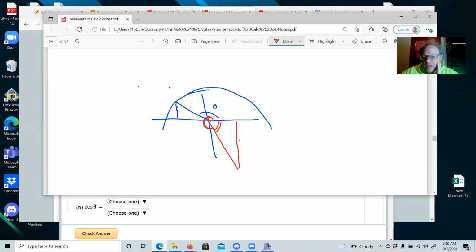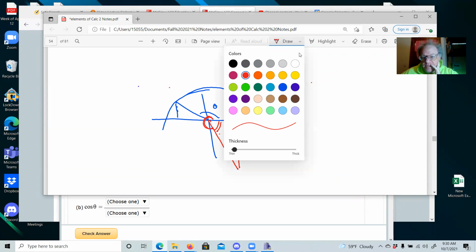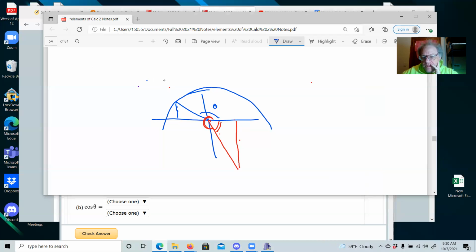The only thing that's going to be different is that we have to check the signs, so positive or negative. All right, so a little acronym. So sine is opposite over hypotenuse, cosine is adjacent over hypotenuse, and tangent is opposite over adjacent.